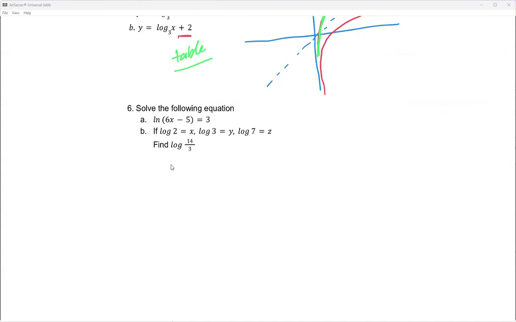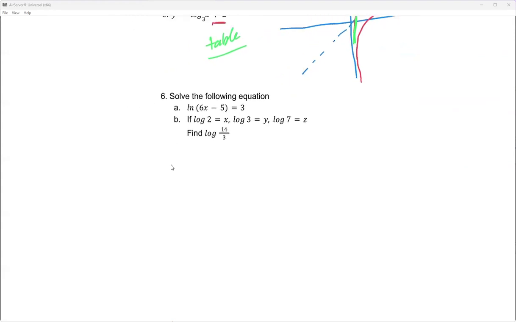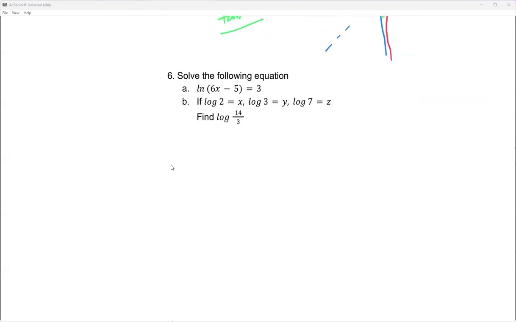For number 6, the ln of 6x minus 5 is equal to 3. Remember, the ln is equal to log base e. 6x minus 5 is equal to 3. Put this in exponential form, it will be 6x minus 5 is equal to e to the 3rd power. So e to the 3rd power is equal to 20.08.